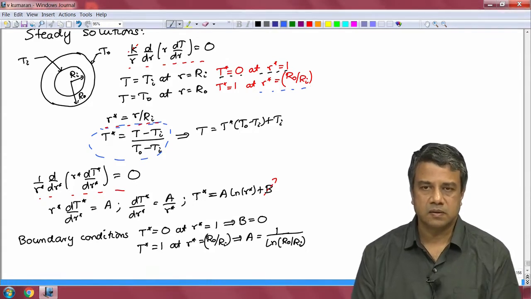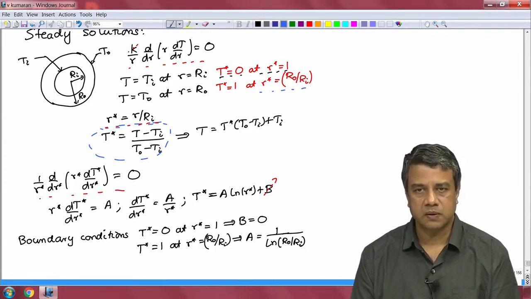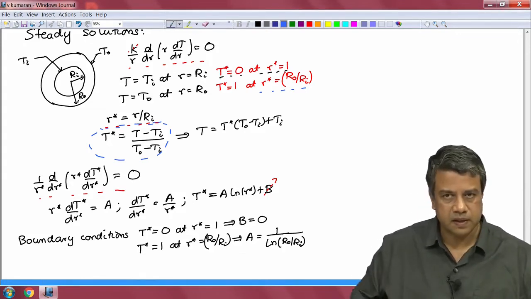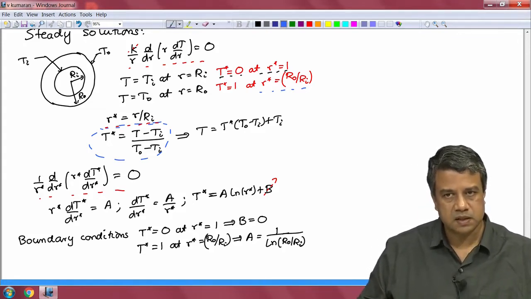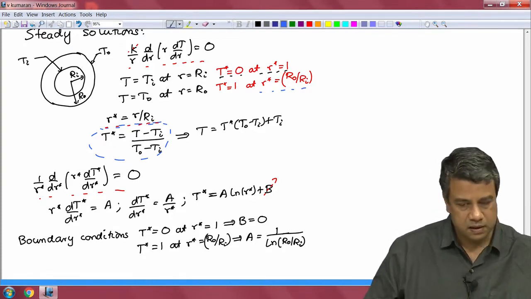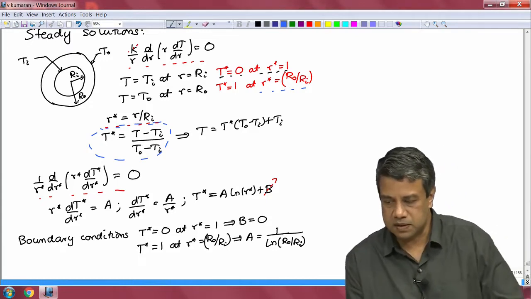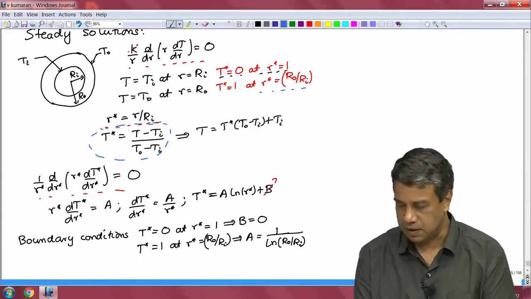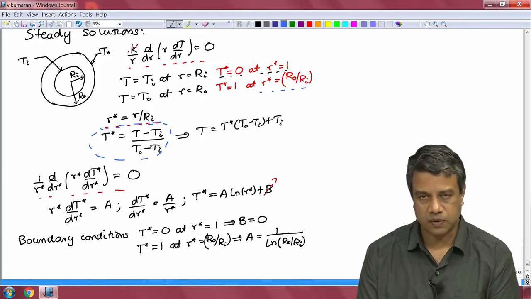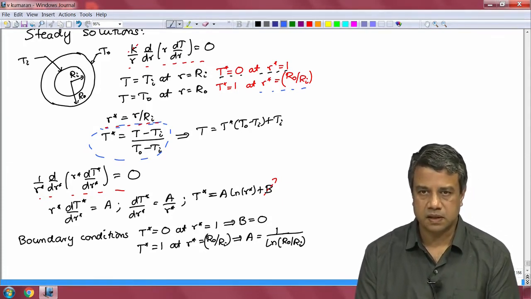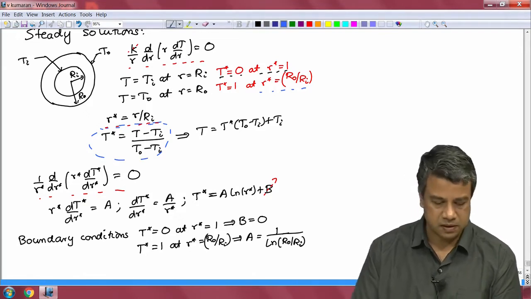Unlike in the Cartesian coordinate system, where we could get both the equations and the boundary conditions to be completely parameter free, in this case the equation is parameter free, but the boundary condition does depend upon this ratio Ro by Ri. So, one has to be careful about that. In a cylindrical coordinate system, the ratio of the outer and inner radius is always a parameter in the problem.